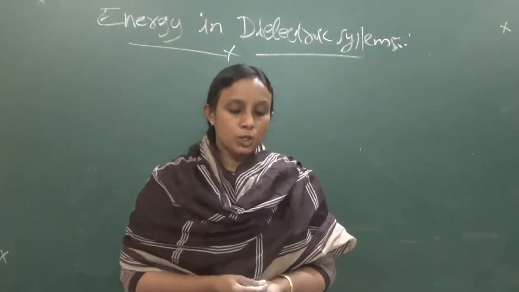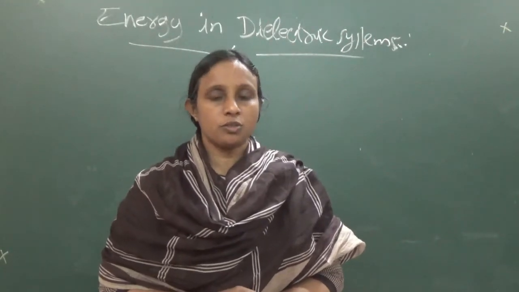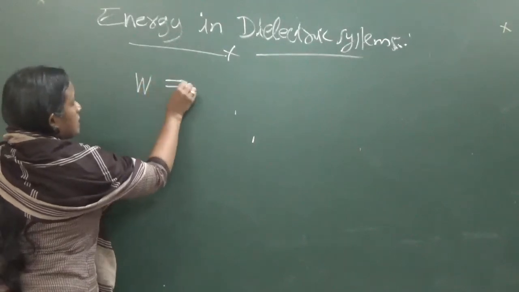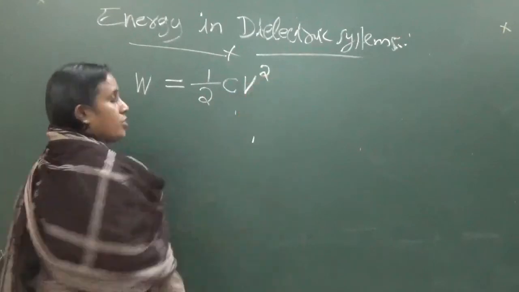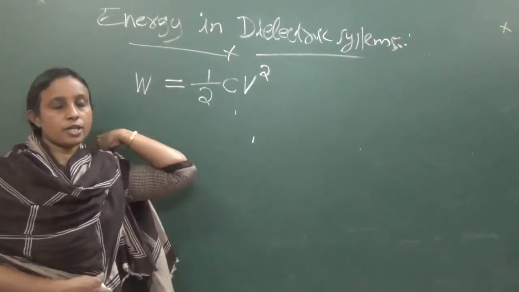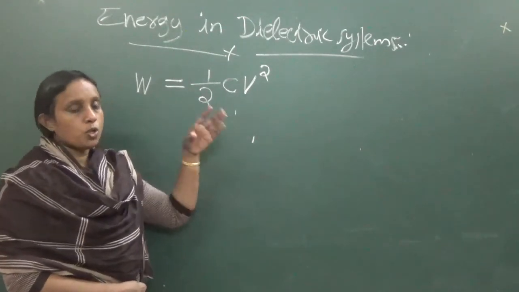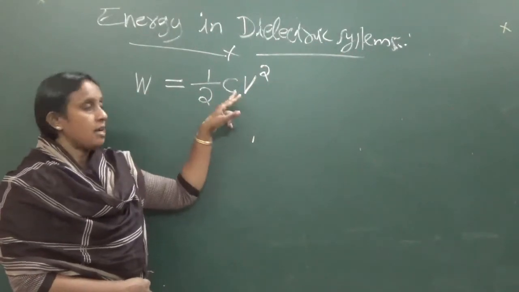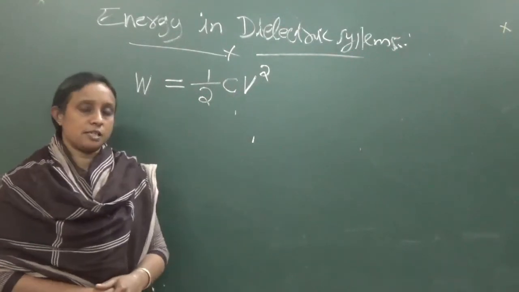To charge a capacitor, we have to do work. The work done to charge a capacitor is given by half CV square. We learned this expression in the chapter on electrostatics. So the energy stored in the capacitor, or the work done to charge the capacitor, is given by half CV square, where C is the capacitance.